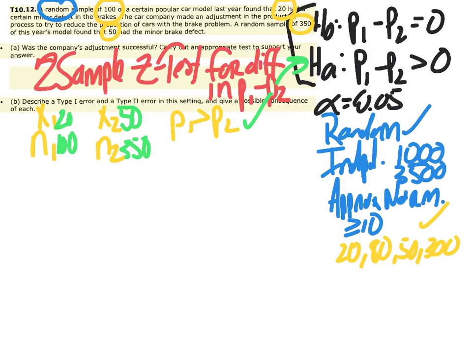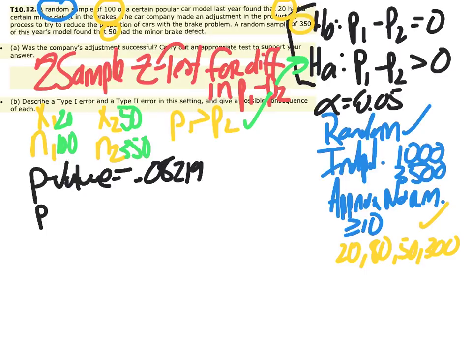When you run that particular test, I recommend just jotting down some of the key elements from here. So the p-value, you're going to find on this one from the calculator is going to be 0.08219. I would also write down, because we're doing the test, that in the test we do look at the pooled proportion.